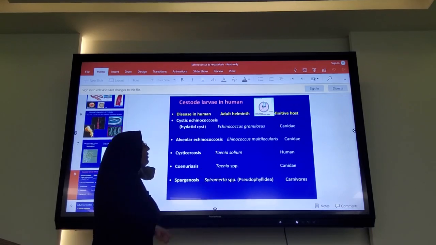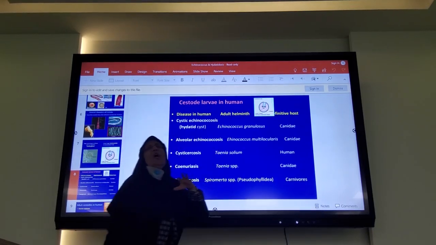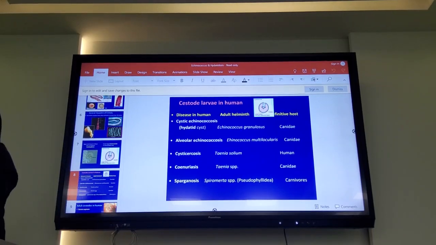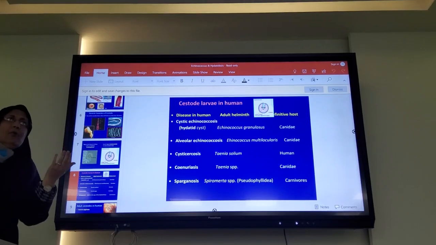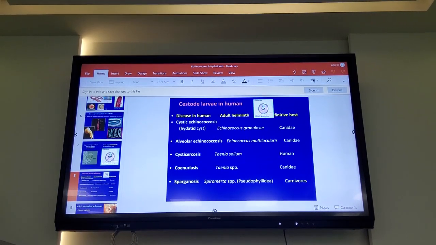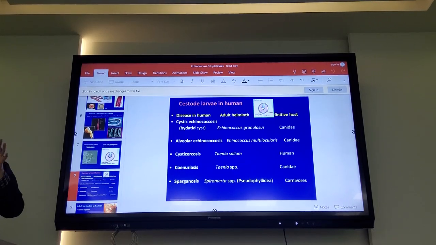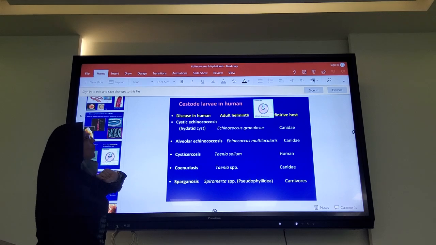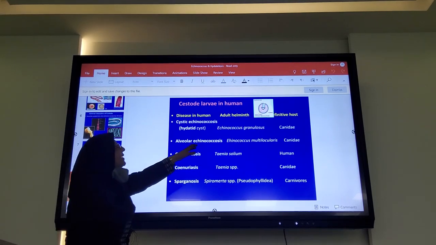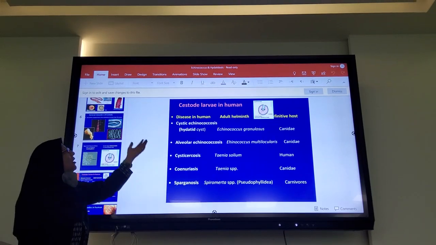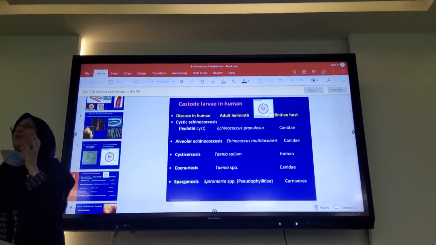These are the name of the tapeworms. Echinococcus granulosus, one of the most important tapeworms. Actually, the adults are in the dark. The larval stage are in different herbivores, but human can also be infected to the larval stage of Echinococcus granulosus. In this case, the name of the disease is Hydatidosis or cystic echinococosis.